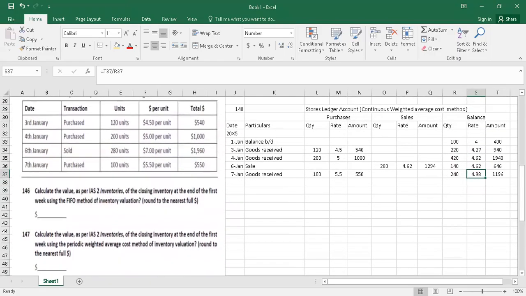So value of closing inventory is 1190. I hope this is clear to you.